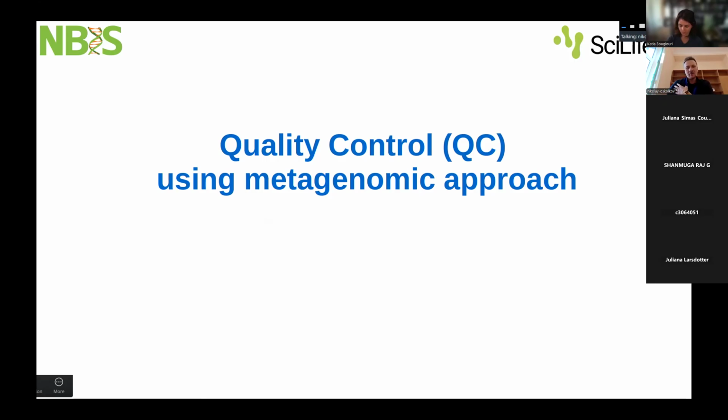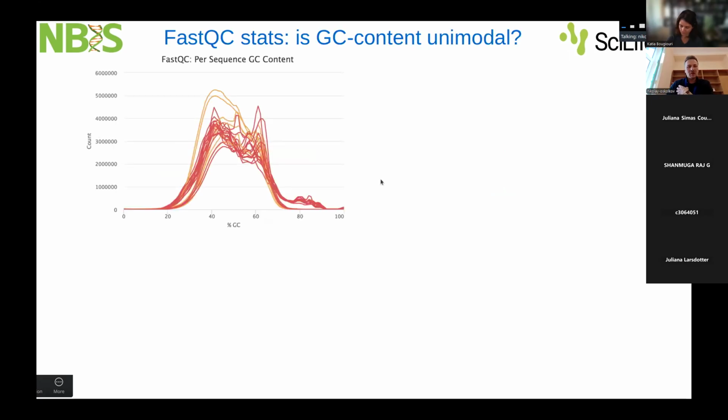And also, I will emphasize how useful it is to use this metagenomic mentality to approach aDNA projects. So when you're looking at FastQC stats, what is very informative for me is to look at the GC content, for example. And if you have just one organism, this distribution will be unimodal. But if you see two peaks, that's already at the QC step.